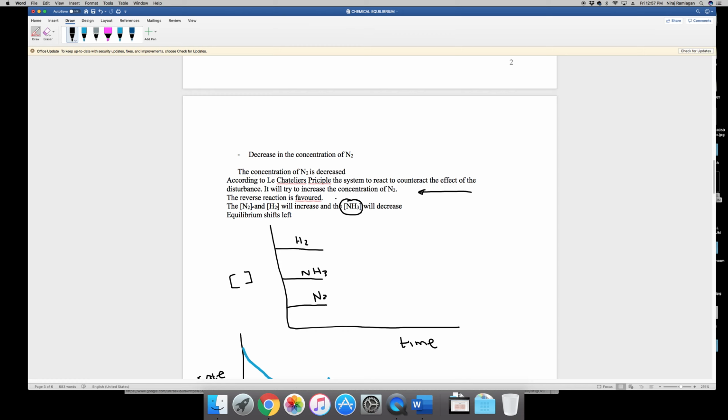Now when I decrease this concentration, what did I try to do? I then tried to increase it again. I dropped it down, but then I increased it. Its increase, however, needs to not be more than what I originally had.